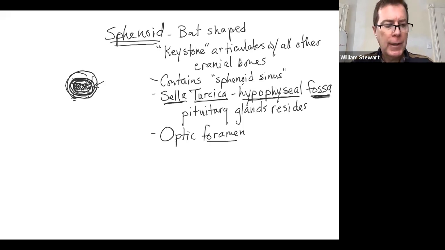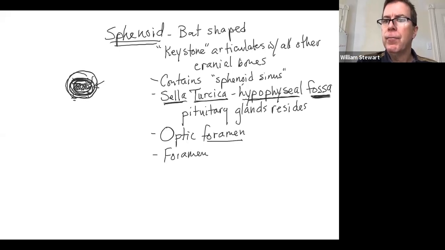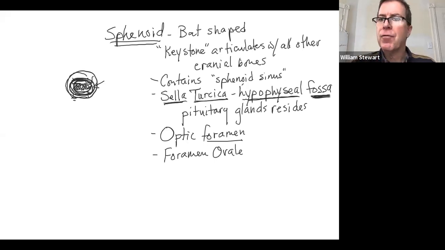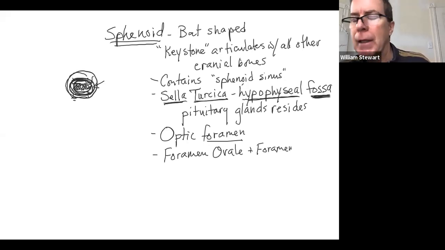Foramen means hole. There's also something called the foramen ovale. That gets its name from its shape because it's oval shaped. The hole is oval shaped. And the foramen lacerum. I say foramen because that's how my lecturer, when I was in your seat, said it.